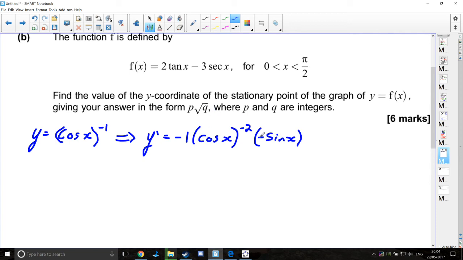So the minuses here are going to cancel, and we end up with sine x over (cos x) all squared.